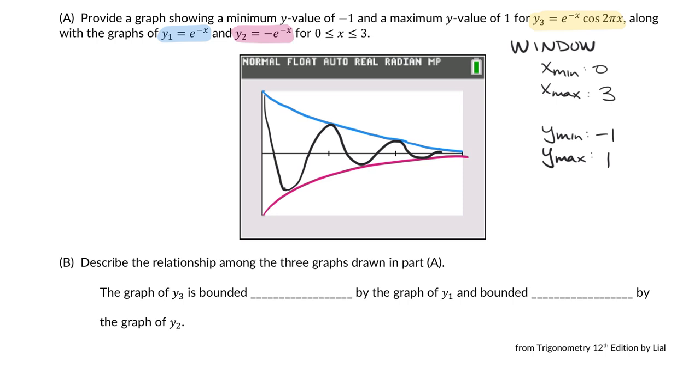Describe the relationship amongst the three graphs drawn in part A. The graph of y3, which I graphed in black, but I highlighted it in yellow, is bounded above by the graph of y1. So remember, y1 is the one that's blue. So it's bounded above by the blue function, and it is bounded below by the pink function.